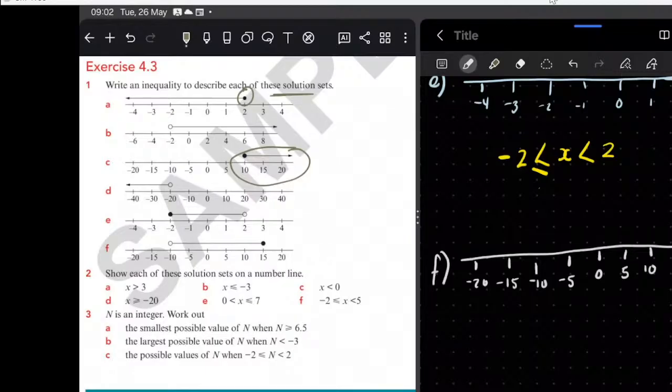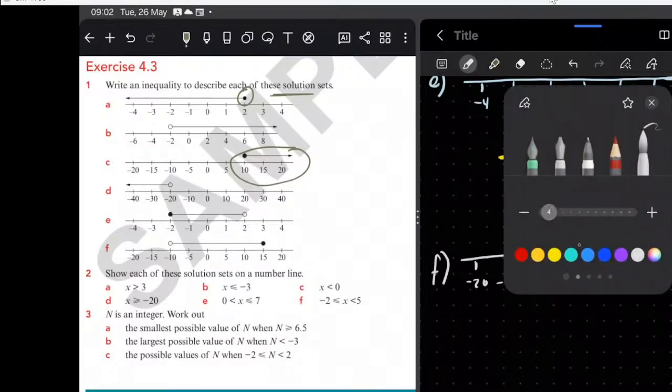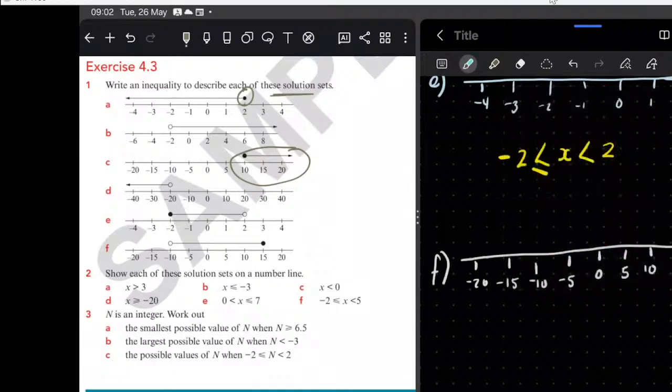Now, where are the circles? Here and there. Where are the circles? -10 and at 15.